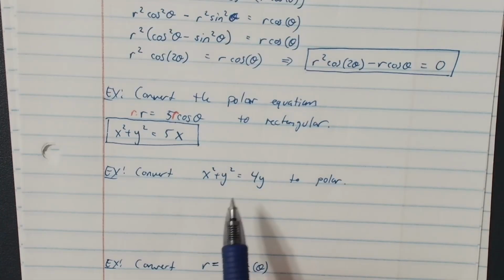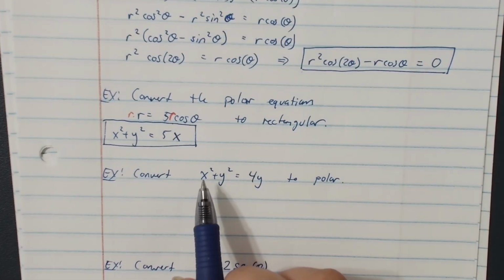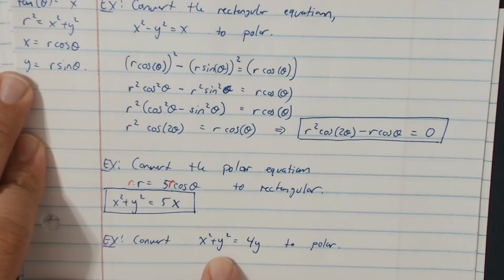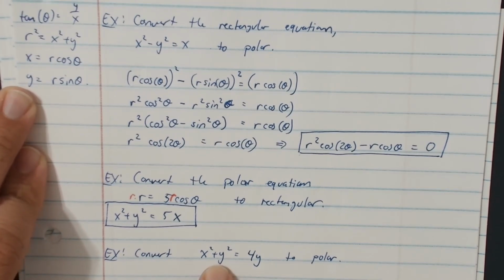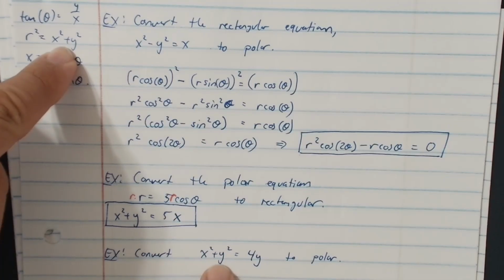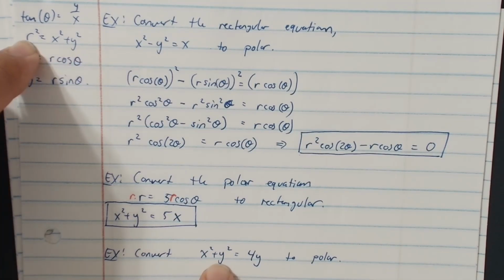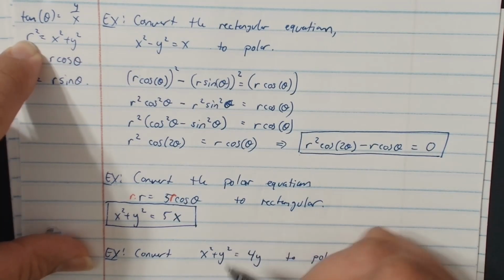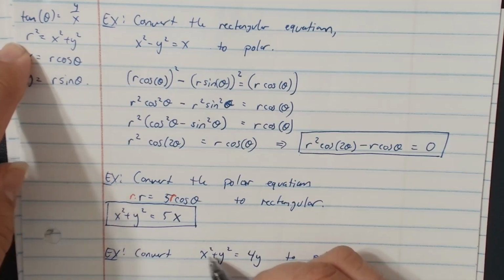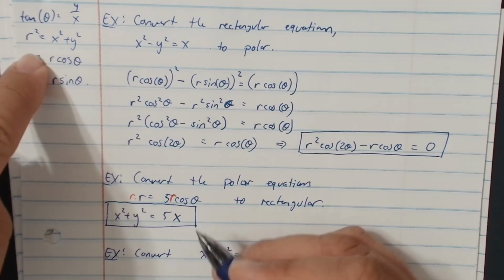All right. So here, anywhere we see an x, we can replace that with r cosine theta. Anywhere you see a y, you can replace that with r sine theta. But don't let that blind you to the other two. These two are the ones we use most often to convert to polar. But notice right here, x squared plus y squared is already just r squared. Why bother going through the longer process when x squared plus y squared is already just r squared?